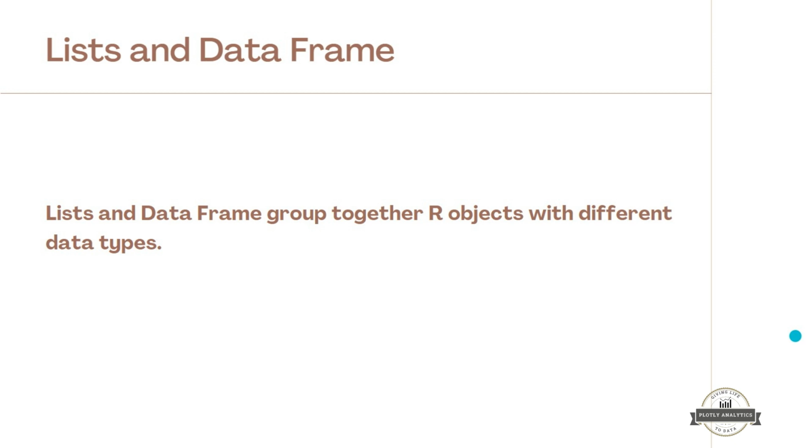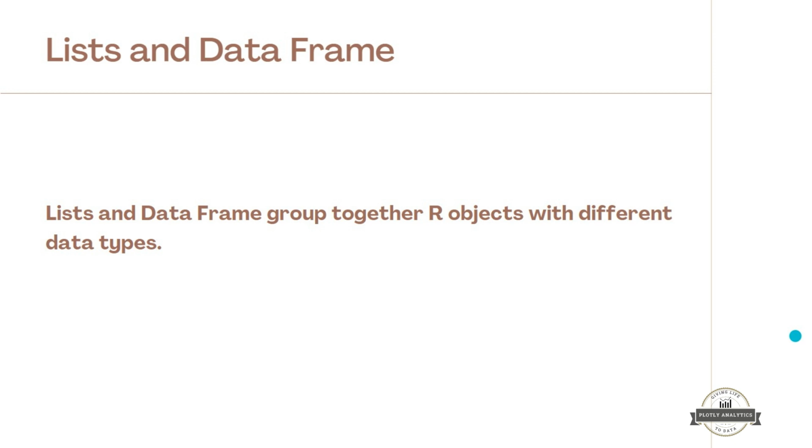Some data sets have numbers, and also characters, and also trues and falses, the boolean variables. So the data sets will have multiple types of information and multiple data types.